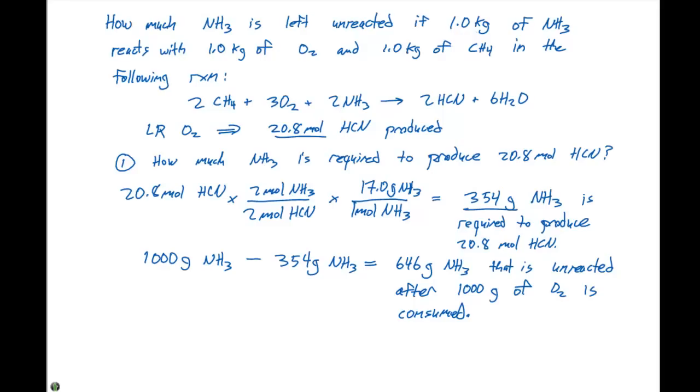So we still have 646 grams of the ammonia left after all of the oxygen is used up. So we will call this an excess reactant. In this particular problem, oxygen is the limiting reactant, and the excess reactants are NH3 and CH4. And we can do the exact same calculation for CH4 to see how many grams of that are unreacted in this particular problem.